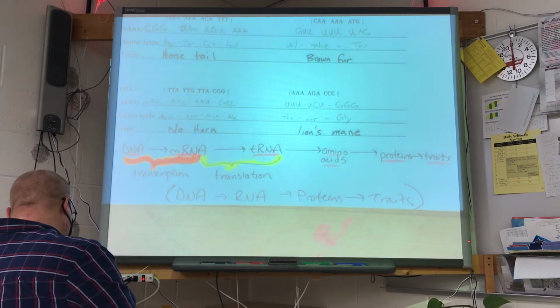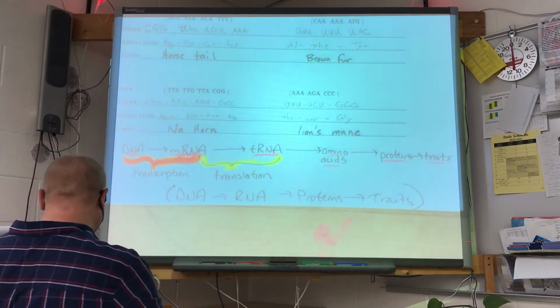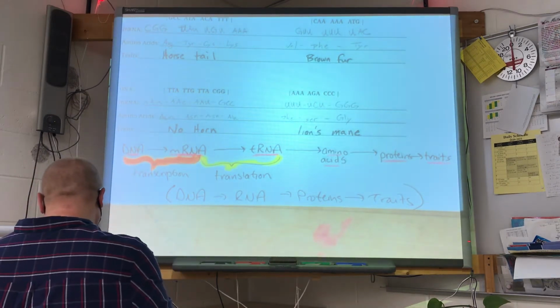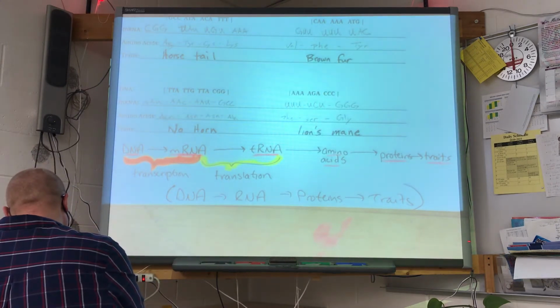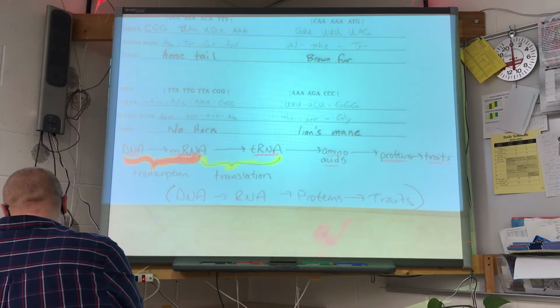A frameshift is going to be more significant, right? A point mutation is where a three-letter codon is affected, which changes an amino acid, whereas a frameshift shifts every three-letter codon after that.